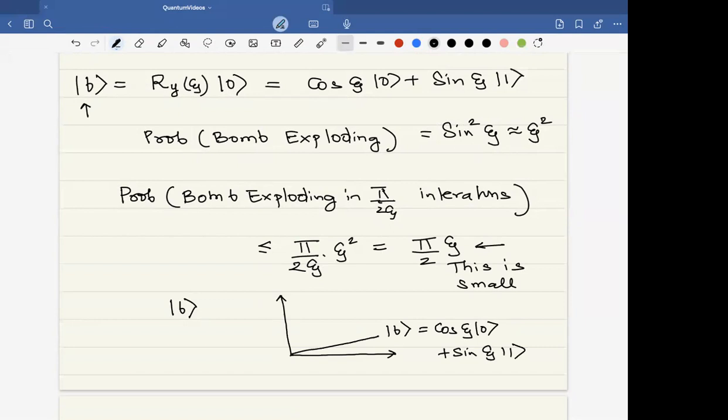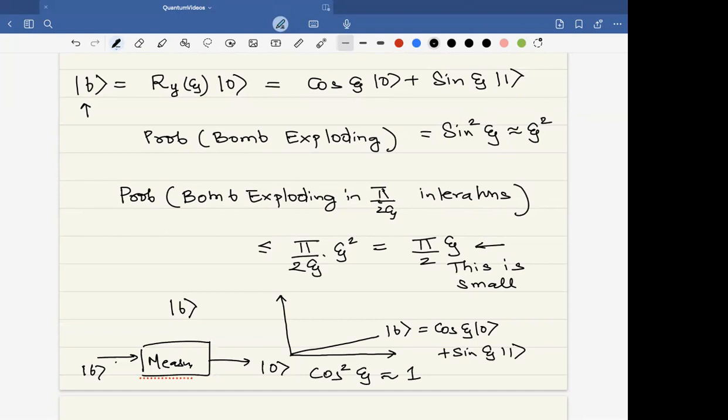So if I put a measurement on the final state, ket B, we'll get ket 0 with probability cos square epsilon, which is nearly equal to 1, right?